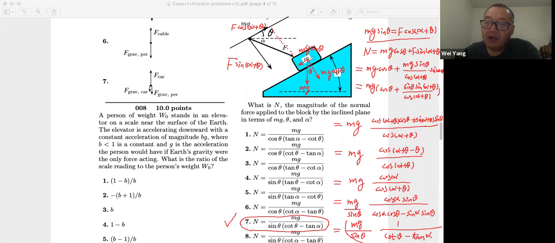Then for the normal force, we use the sum of the perpendicular components. Then they ask to represent n using mg, theta, and alpha. So that means we need to cancel out this f. Then we get this expression.